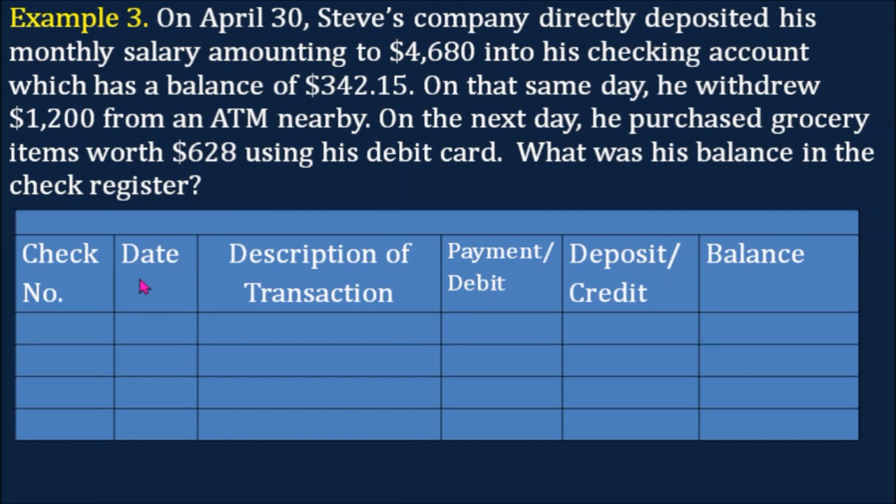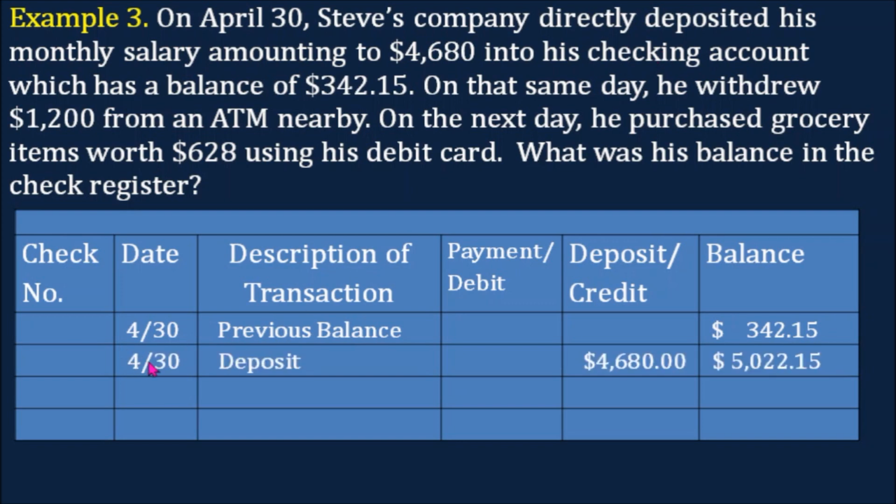So we are going to use check register. First, we are going to indicate the date. That's April 30. And we will start off with the previous balance, which is $342.15. Then we have here the first transaction, a deposit.